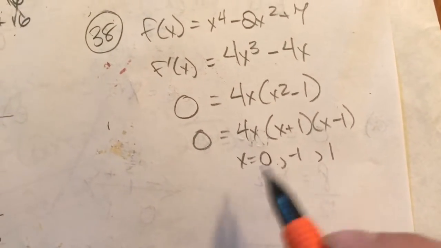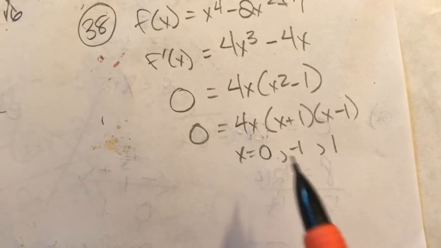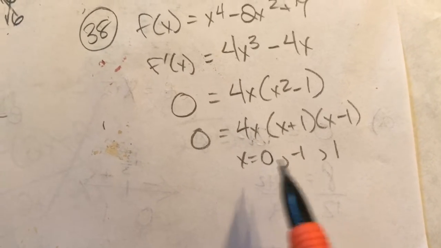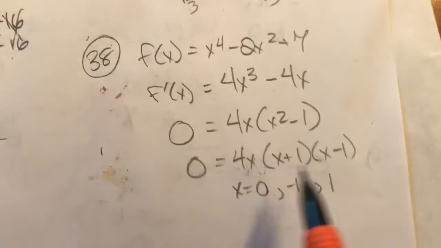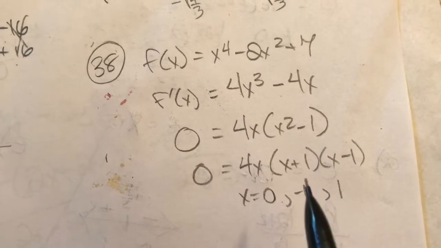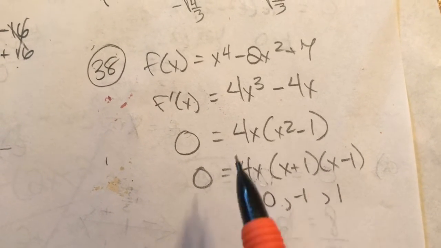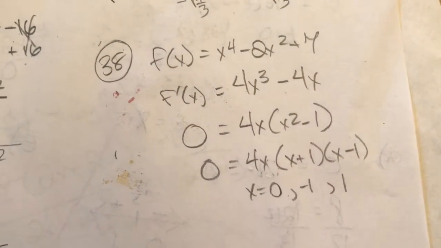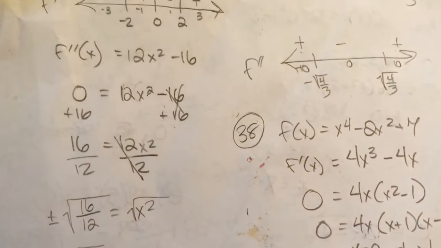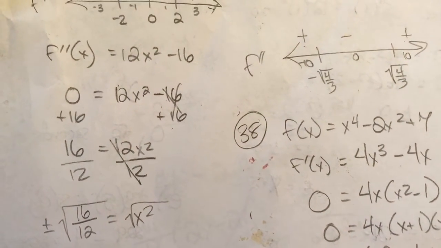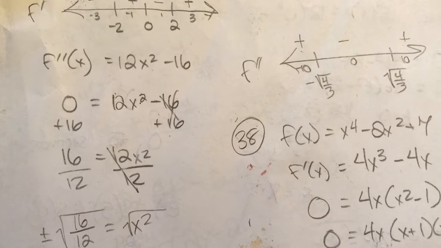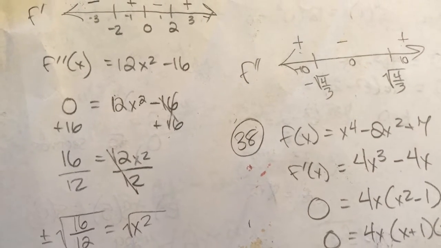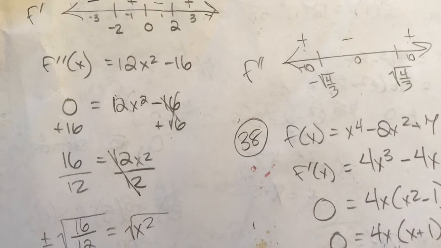All right, so my relative extrema happen at 0, -1, and 1. In order to find what those exact points are, I'm going to plug in 0, -1, and 1 into the original function. So f of 0, f of -1, f of 1.